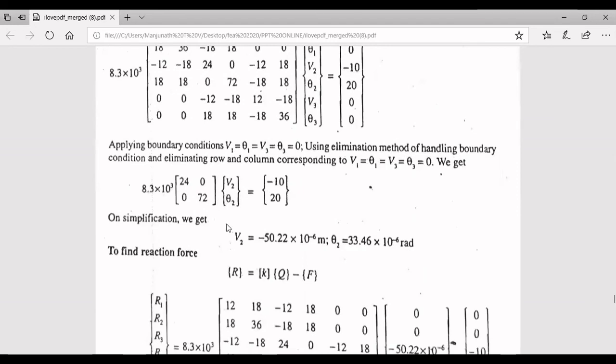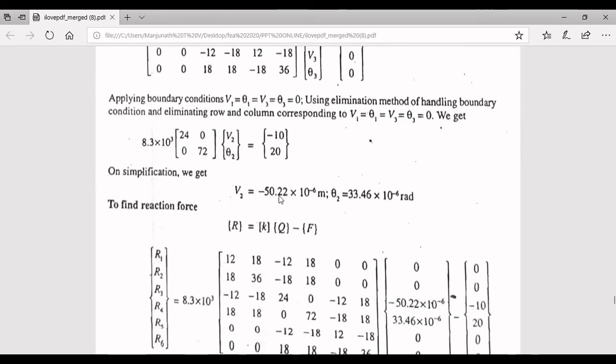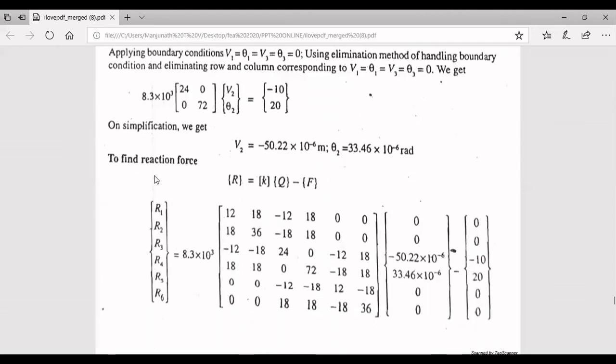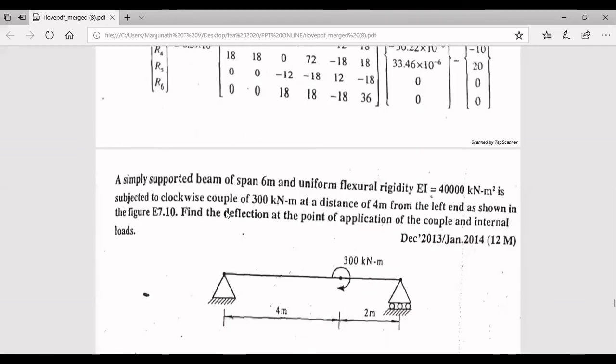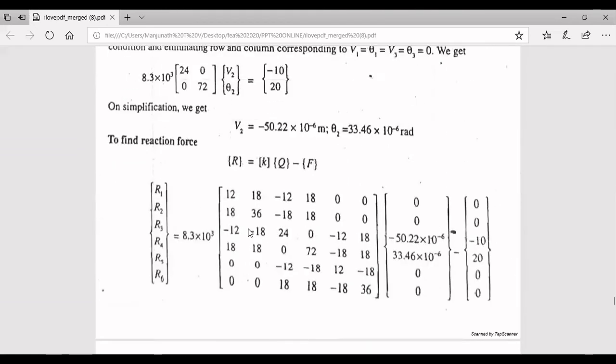As we simplify it, we get v2 as minus 50.22 into 10 to the power of minus 6 meter, and theta 2 equal to 33.46 into 10 to the power of minus 6 radian. Now we need to calculate the end reaction, that is the reaction force at node number 1 only, as they are asking. Then just write an equation like this.